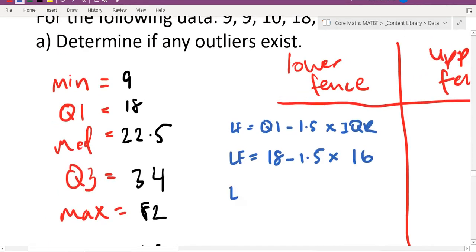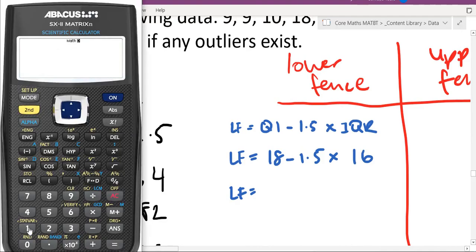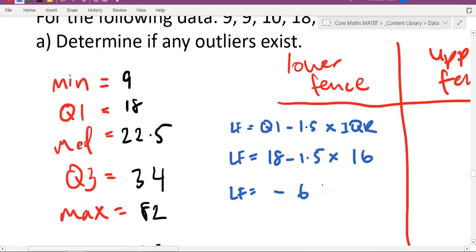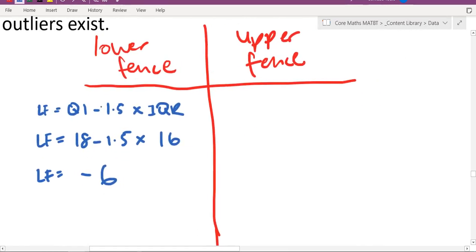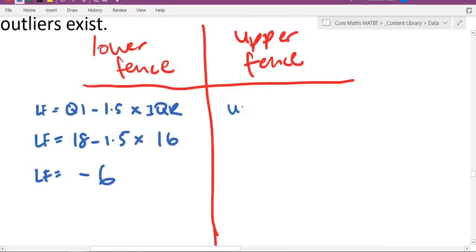Put it in your calculator, which should know BODMAS: 18 take away 1.5 times 16 is -6. So anything that's lower than -6 is considered to be an outlier. Is there anything below -6 in the data? No. So there's no outliers in the lower fence, but most likely in the upper fence there will be.